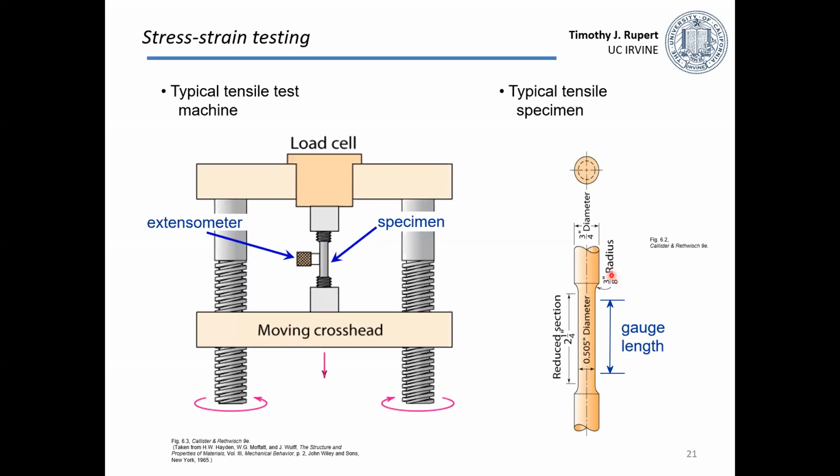One thing I want to point out is that usually this region up here, by where the sample is held onto or gripped, is thicker. And then there's this smaller region, smaller cross section. The idea there is that you then know where the sample is going to fail. So this is what you would use here. This gauge length would be what you are using for your strain calculations, and maybe the cross-sectional area of that gauge section is what you use for your stress calculations.